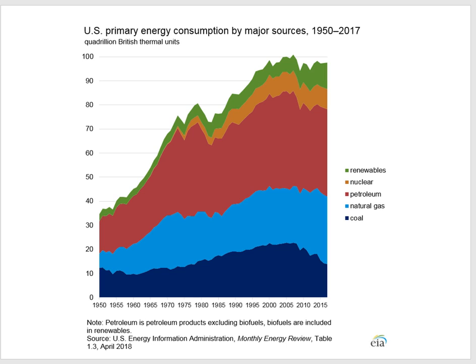What is filling in the gap? Natural gas, renewables, and even nuclear, right? We're not adding new nuclear sources. It's just that as the importance of coal has dwindled, the nuclear consumption, along with, of course, the other natural gas and petroleum, has relatively gone up compared to coal.